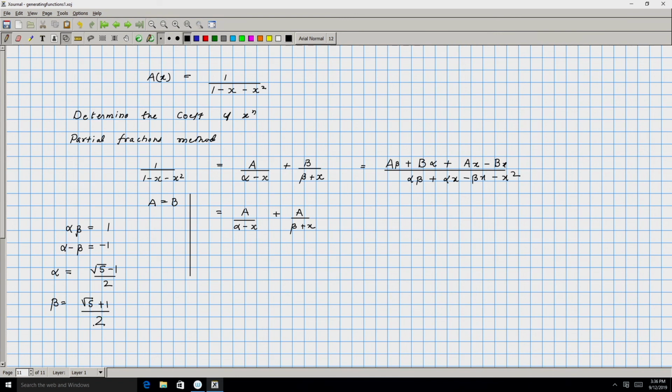Okay. Now if we plug in these values, we can compute the coefficient of x^n.